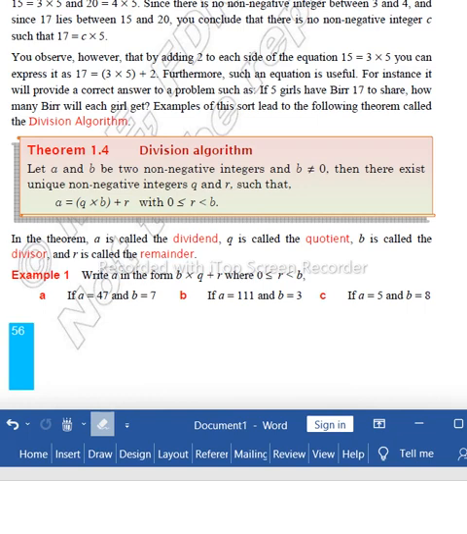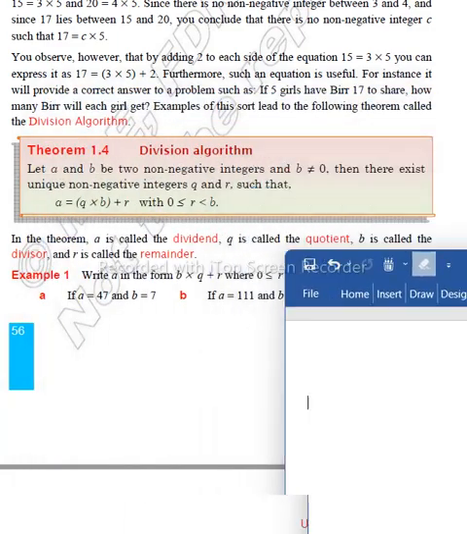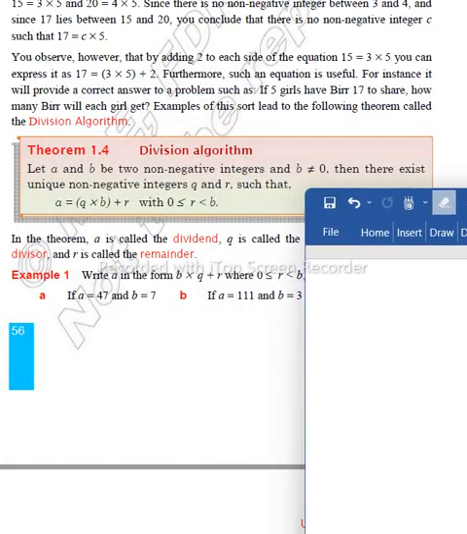Then there exist unique non-negative integers Q and R, where Q is the quotient and R is the remainder, such that A is equal to the quotient times B plus R. A is the dividend, B is the divisor, and R is the remainder. The remainder is less than B and greater than or equal to 0.